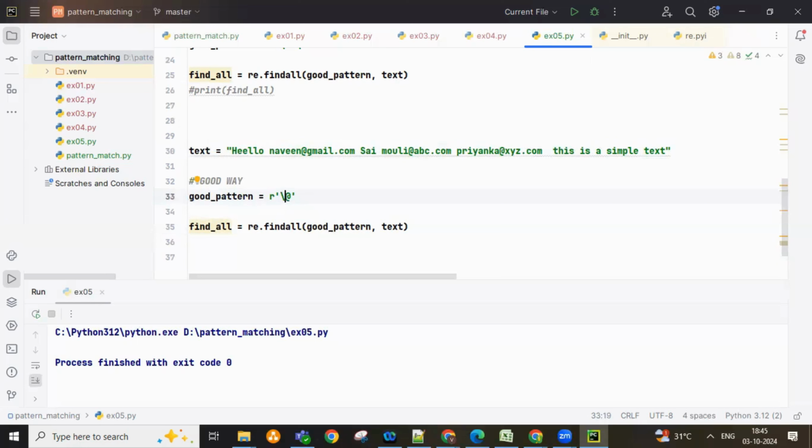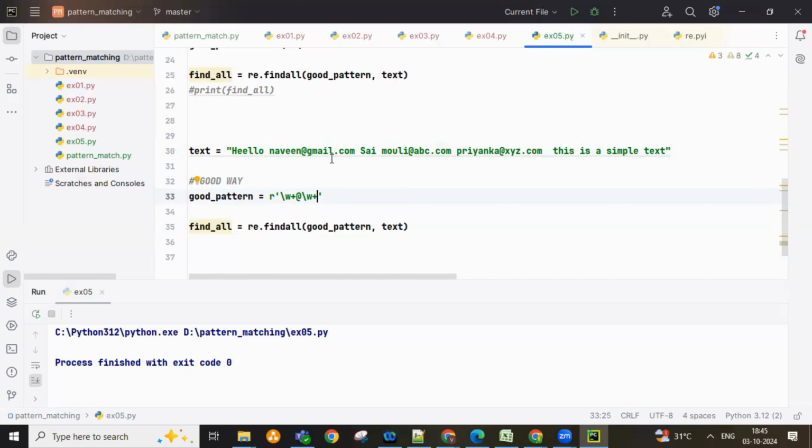Slash w. And slash w means only one character. But if I want to match one or more, plus. Got it? After @ again there is a word, right? Word plus again, correct? Plus.